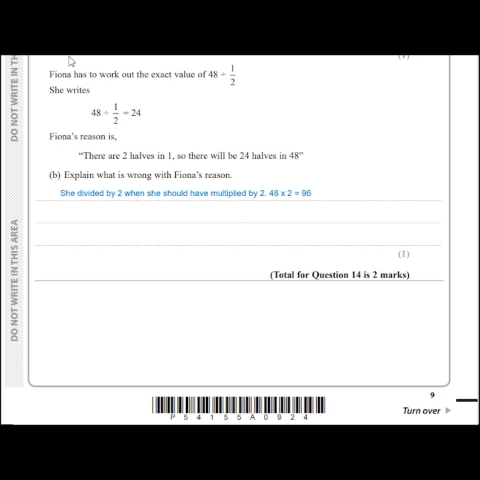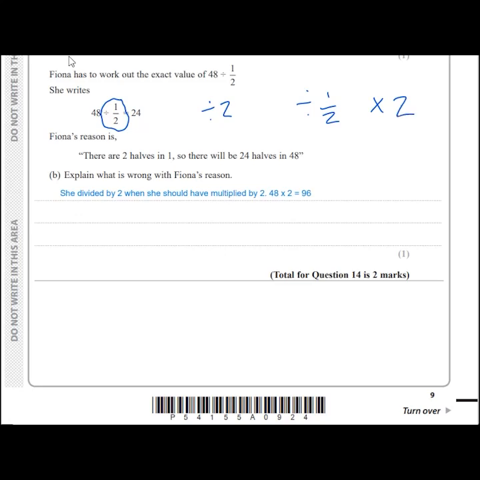So again, this is a maths paper, so we're looking for a short, sharp reason. She divided by 2 when she should have multiplied by 2, because it all comes down to this: dividing by a half is not the same as dividing by 2. Dividing by a half is actually the same as multiplying by 2, which is why we do 48 times 2.